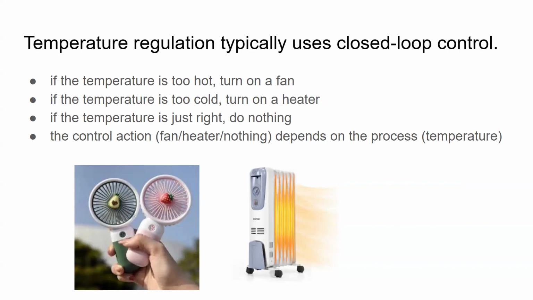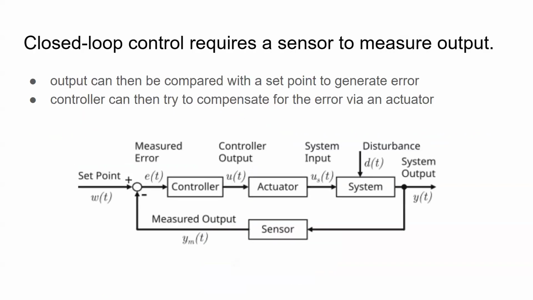We measure the temperature, and based on it, we might actuate a fan if it's too hot, or a heater if it's too cold. We'll build a crude temperature regulation system using parts in our kit, but the principle can be easily applied to any closed loop control system you'll encounter in the future.